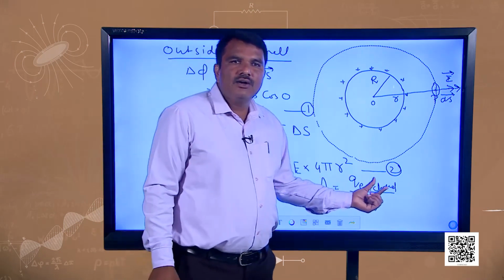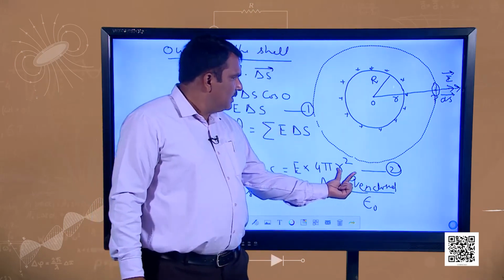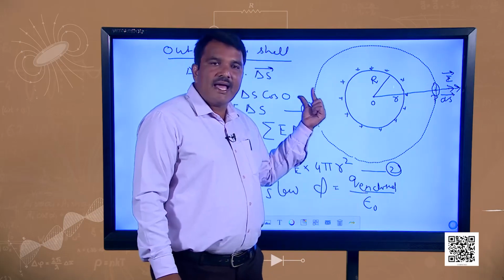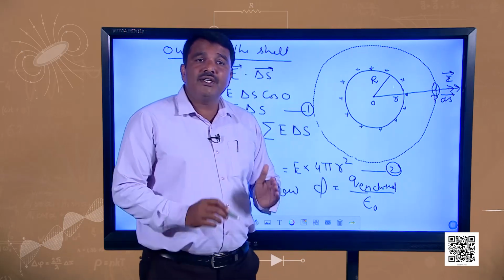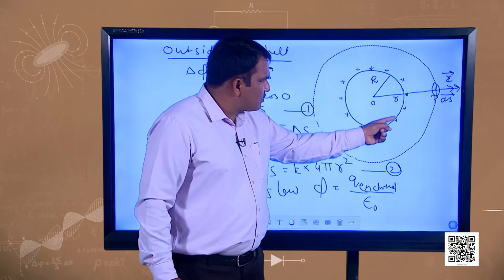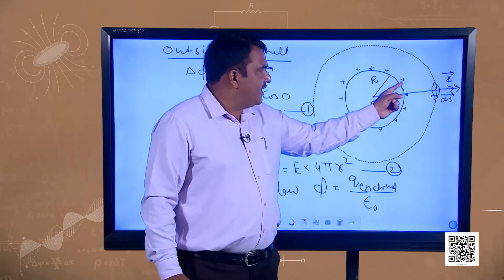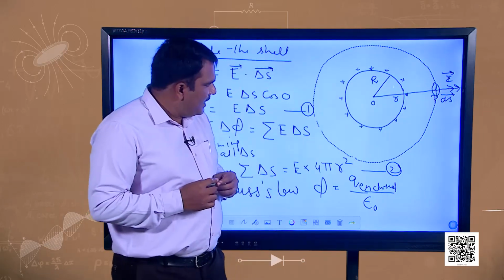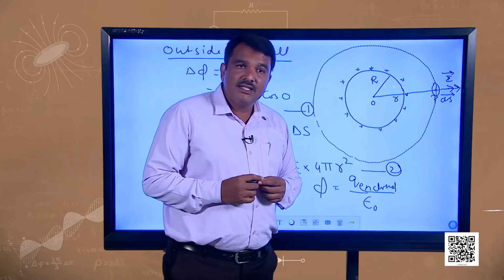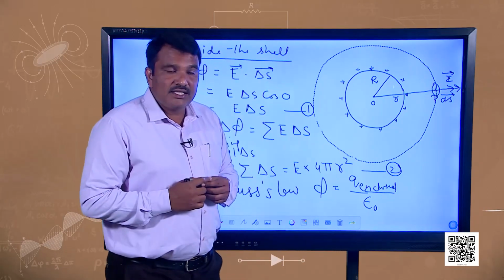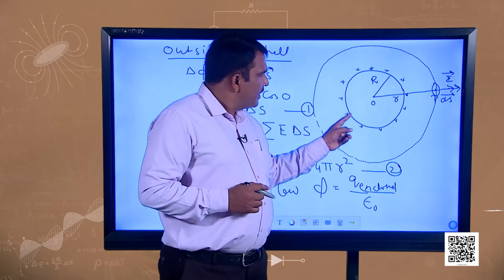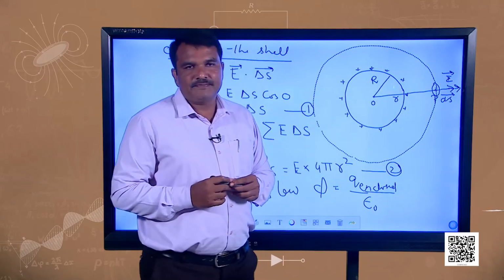And here, what is the charge enclosed? It is the charge which is enclosed, which is distributed uniformly over the surface of the sphere of radius capital R. And you can find this charge just by multiplying the charge density with the area of the sphere.